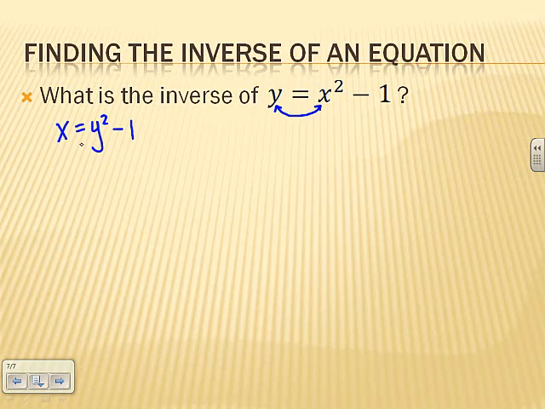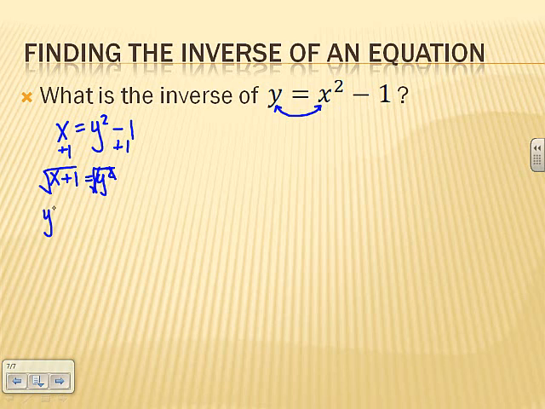Functions are written in terms of y equals. So to find out what the function is, we're now going to solve for y by adding 1 to both sides. So now we have x plus 1 equals y squared. Then to get rid of the square, we take the square root of both sides, and that cancels out the squared.